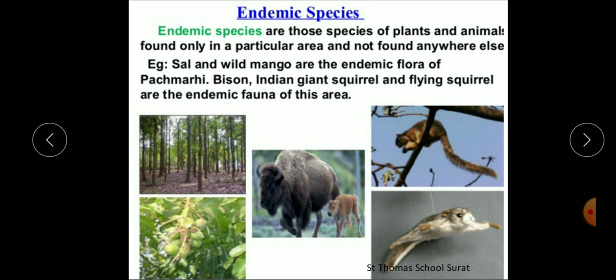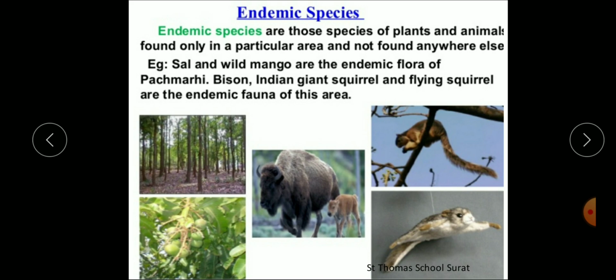Species, it is a group or a class of animals or plants having common characteristics, like similar body parts and functions, right? Same eating habits, same habitat, and they interbreed and reproduce. What is interbreed and reproduce? It means fertile offspring.